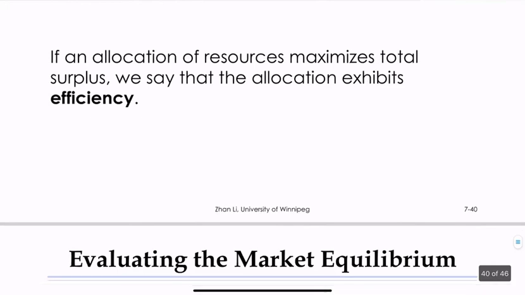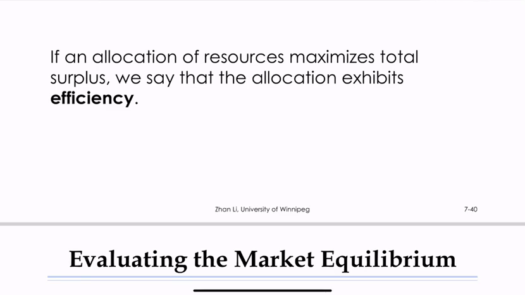Now, because total surplus is a measure of market efficiency, we could say that if an allocation maximizes total surplus, then we would say that it maximizes market efficiency.